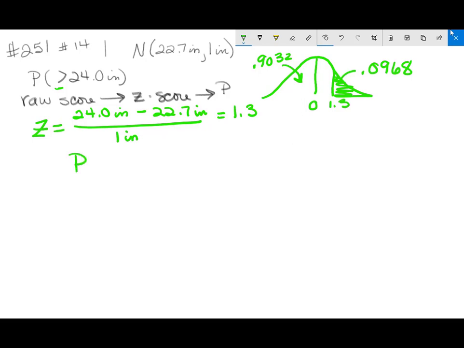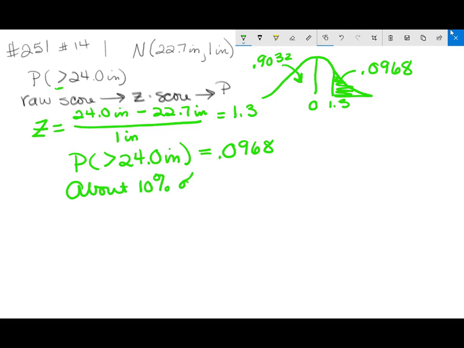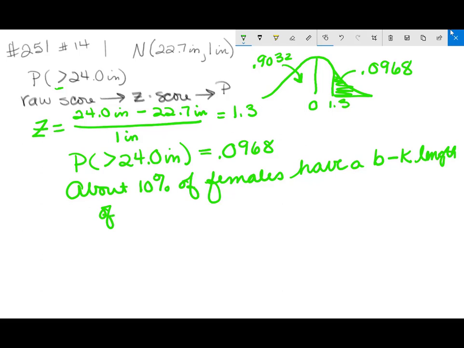The probability that the knee length will be greater than 24 inches is going to be 0.0968, or I'm going to say about 10% of females have a back to knee length of greater than 24 inches.